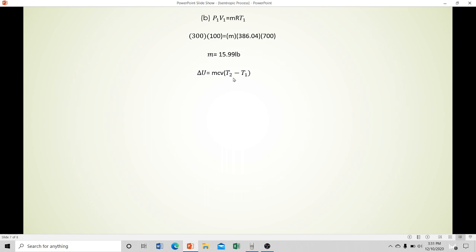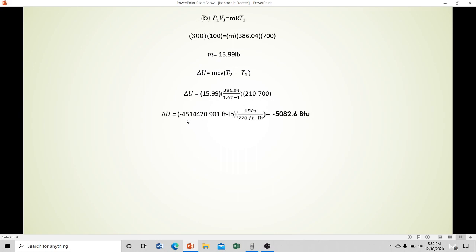So for change of internal energy, we have the formula M Cv T2 minus T1. Since we have the mass, 15.99. For the formula of specific heat at constant volume, we have R over K minus 1. R is 386.04, and K is 1.67, then minus 1, and the temperature 210 minus 700.